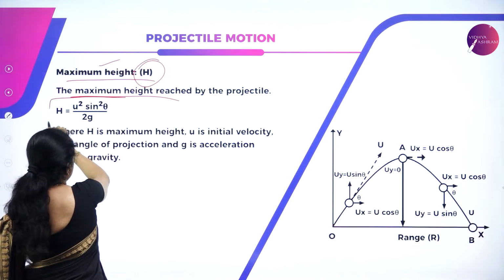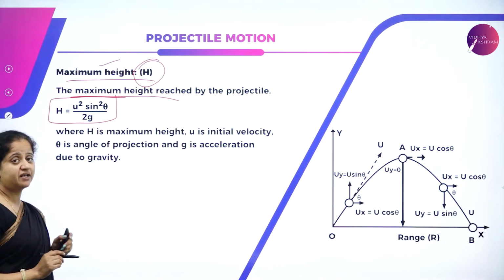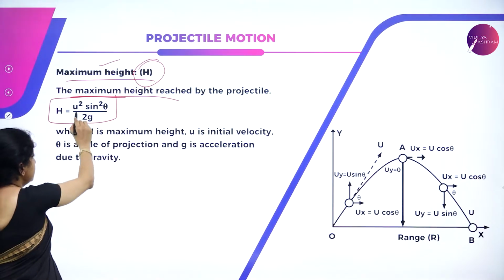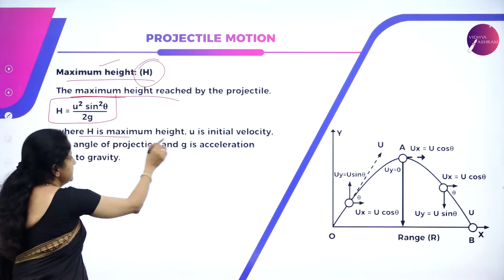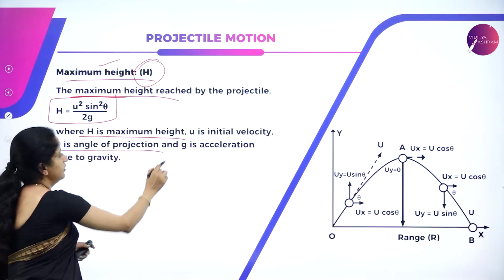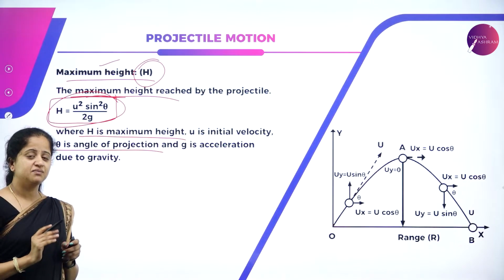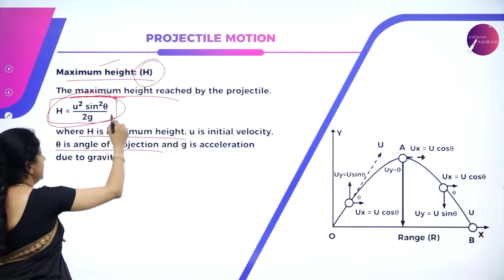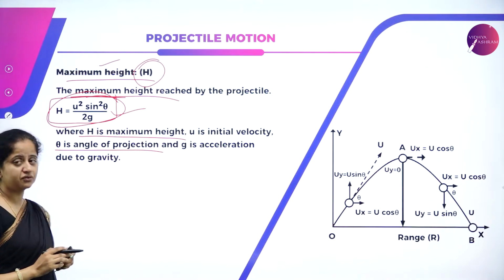It is given by the formula H = u² sin²θ / 2g, where u is the initial velocity, g is the acceleration due to gravity, and H is the maximum height. Theta is the angle of projection. So we have to remember this formula. To find the maximum height reached by an object, we need the initial velocity, angle of projection, and acceleration due to gravity.